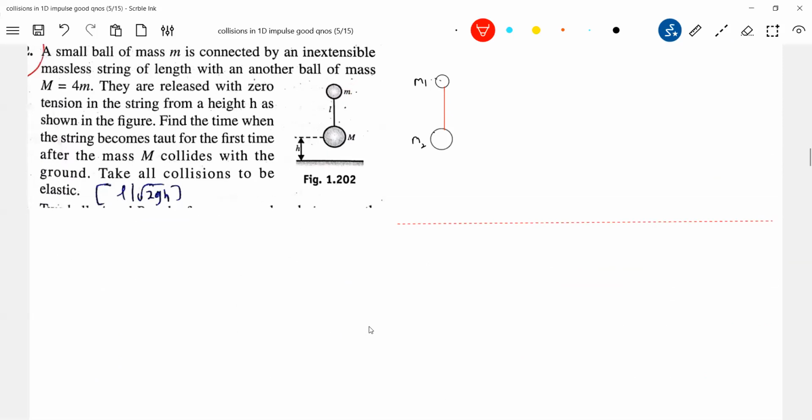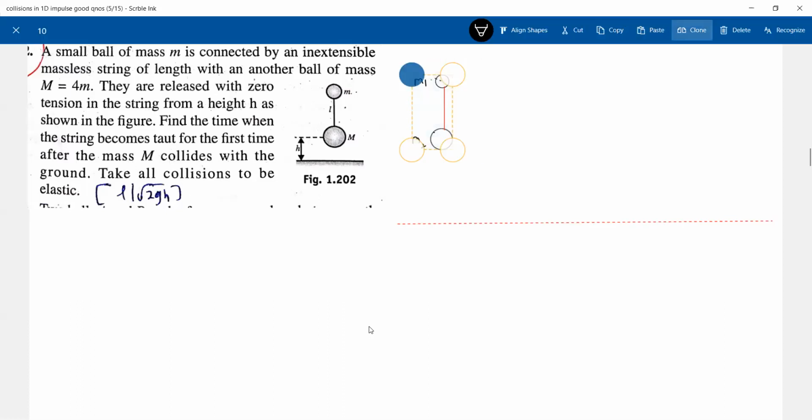They'll come and collide. Then find the time when the string becomes taut for the first time after the mass M collides with the ground. Take all collisions to be elastic. So both will descend. They'll come here and collide.